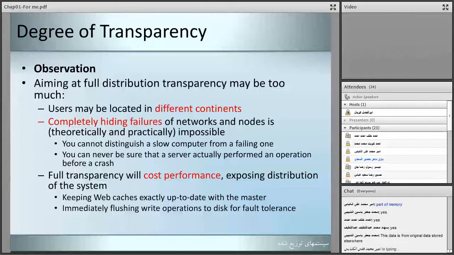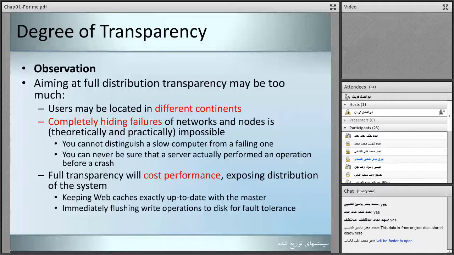Why? Because some important files, images, graphics are stored in your computer. It is caching. So web caching is a good idea for increasing performance. But there is an important issue about caching. What's the issue? When you are using caching, what's the main issue?